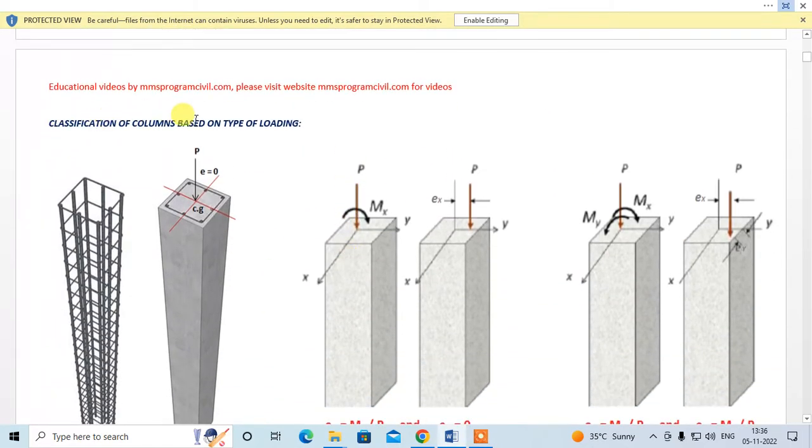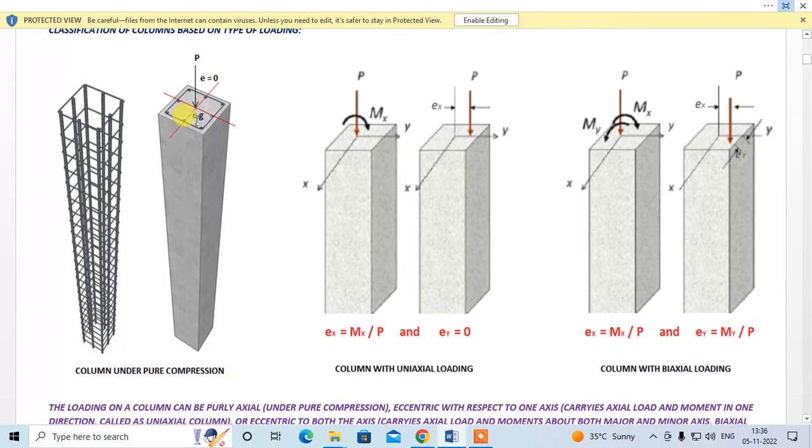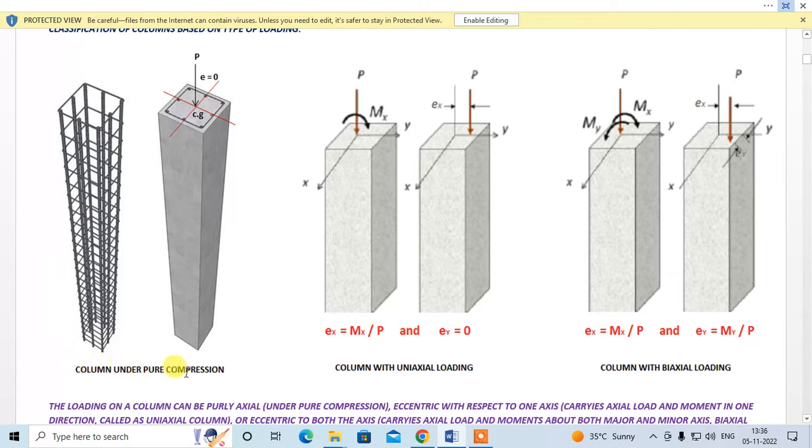Classification of column based on type of loading. Column under pure compression, where you have an axial load passing through the CG. Column with uniaxial loading, where you have one axial load and a moment, which can be represented in this manner also, that your axial force will be acting at an eccentricity Ex.